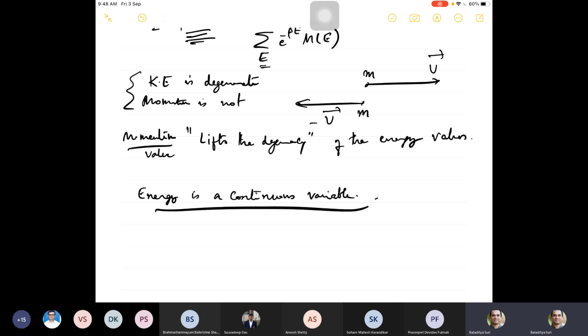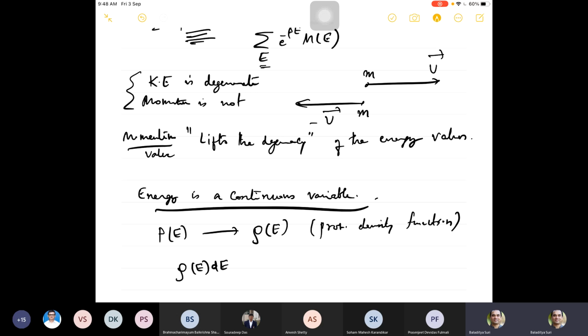This implies from P of E, we have to actually go to rho of E, the probability density function. Okay. And then we can define the probability that the energy is in a range from E to E plus dE as rho of E dE.